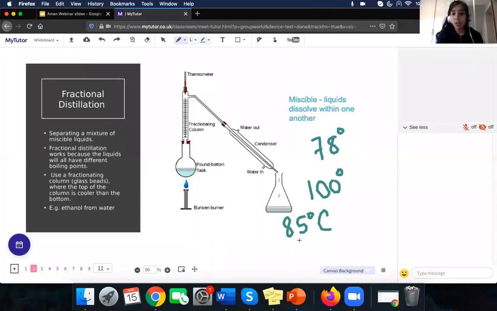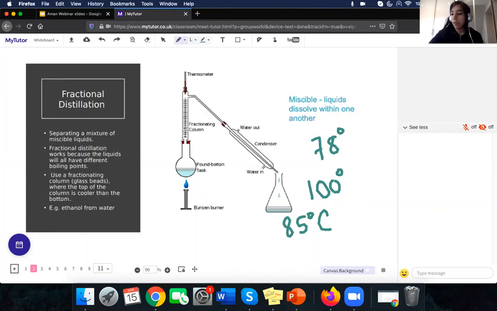So at 85 degrees, some of the water will start becoming a gas, and it will go into this fractionating column. But the reason it doesn't reach that condenser is because it has a higher boiling point than ethanol. In the fractionating column, it's hotter at the bottom, so as the water goes up, it will start cooling before the ethanol does, and instead will drip back into the flask, because when it cools, it becomes a liquid.